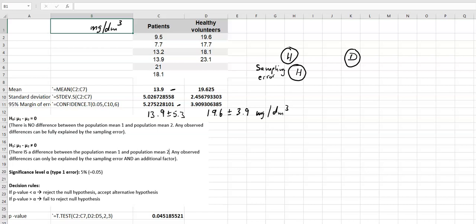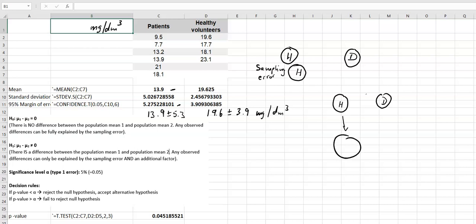And that is actually what a t-test does. So in a t-test, what we do is we take our samples, healthy and diseased, and instead of directly comparing them with each other, we look at the underlying populations.